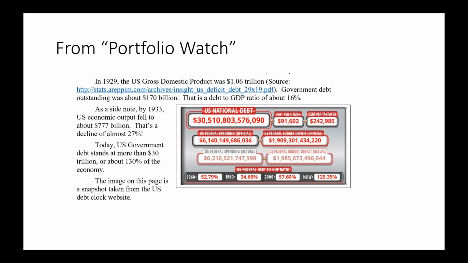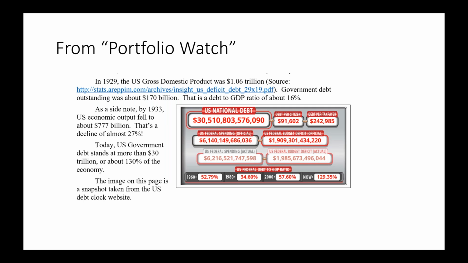In 1929, the total economic output of the United States was about $1 trillion, and I've got a source there that you can go check out. Government debt at that time was about 170 billion. So that's a debt to GDP ratio of about 16%. Economic output about $1 trillion, debt about 170 billion.